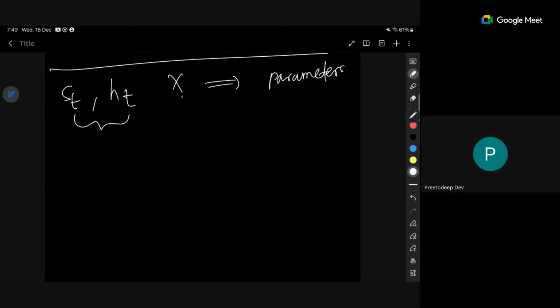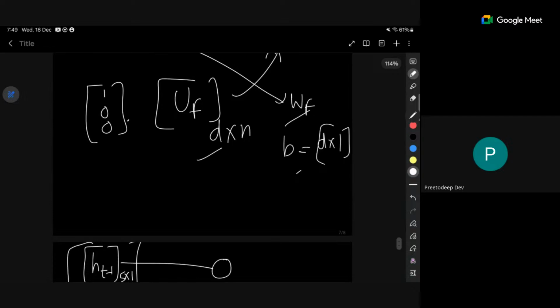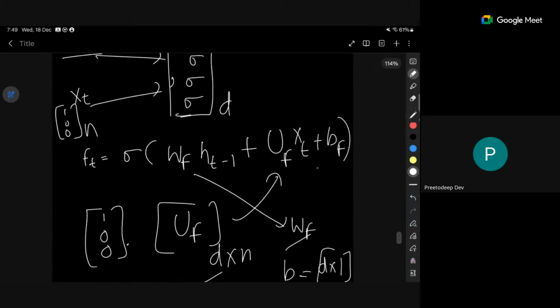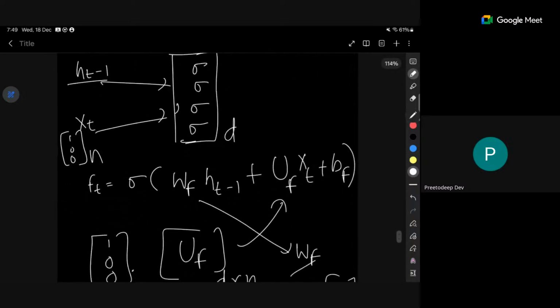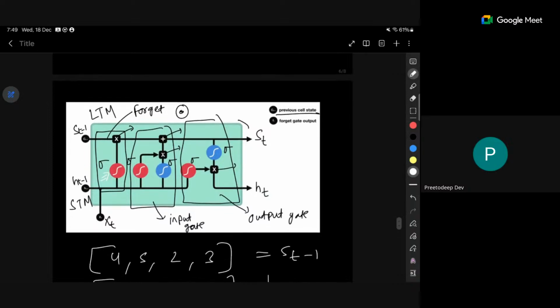Okay, and XT is the input dimension which will be given to you. On that basis you can figure out what the dimensions of U and W and B are going to be in this case. Then we'll do the multiplication later on, right? So yeah, this we figured out. We have to multiply with ST.